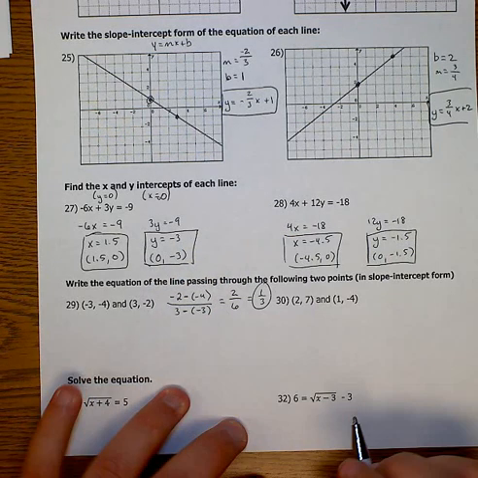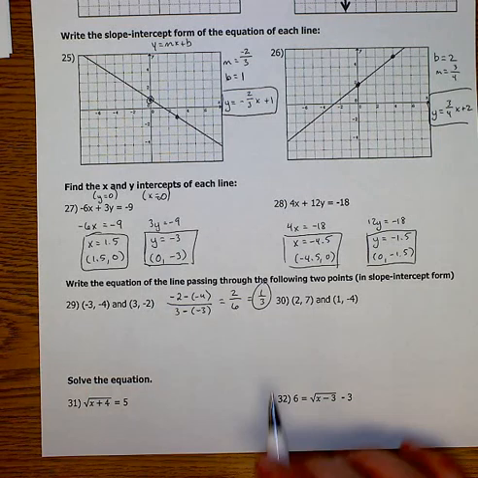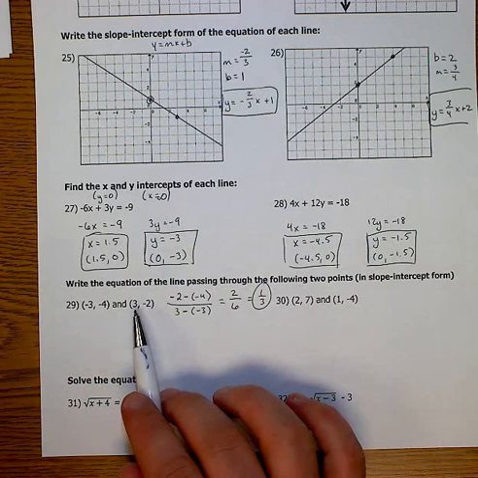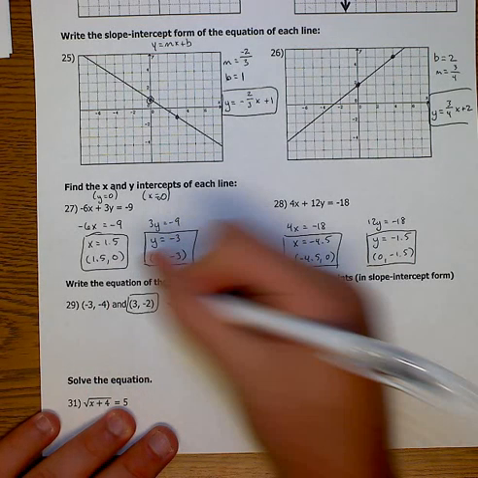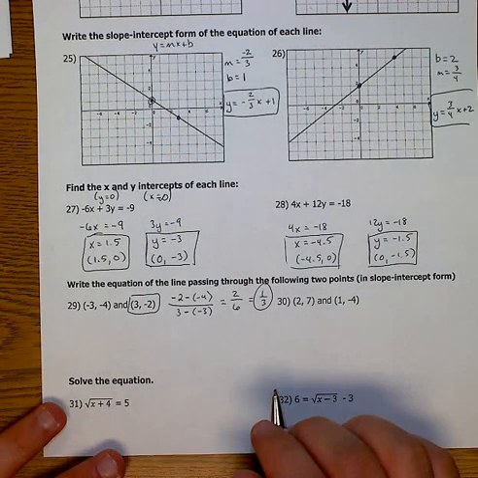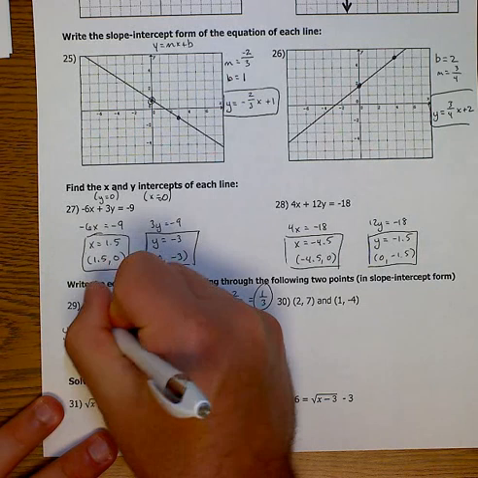Now I circled it. I'm not done, but that's the slope I'm going to use, and all I have to do is use one of the points. This one has only one negative, so I'm going to use this one. You could use the other one, it's okay. I'm going to do point-slope form, so y minus the box.